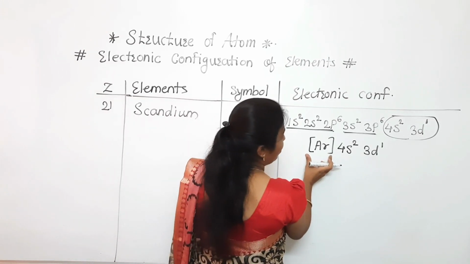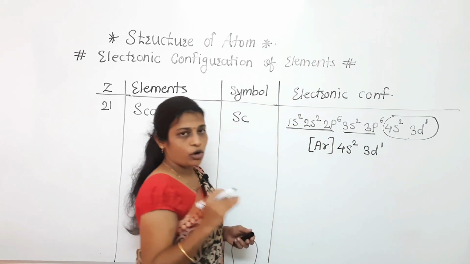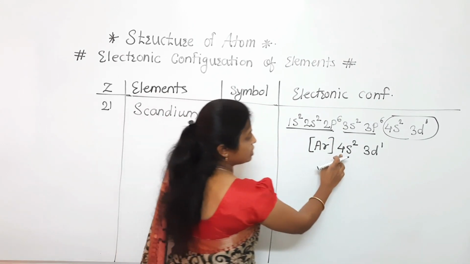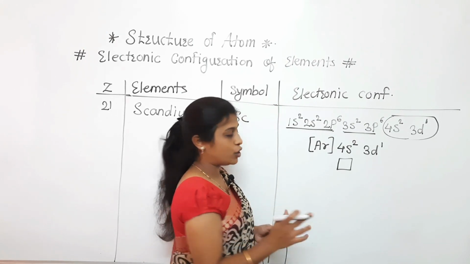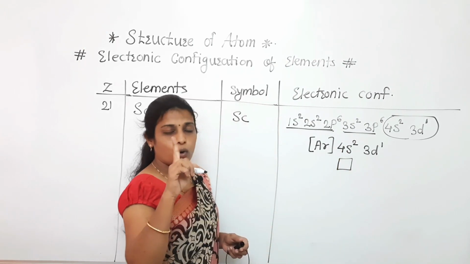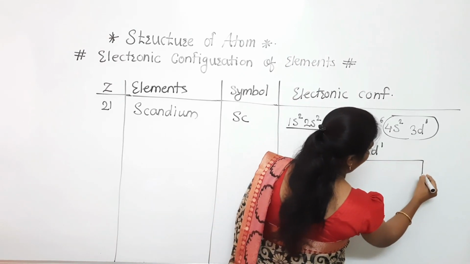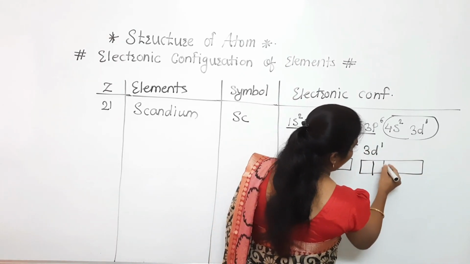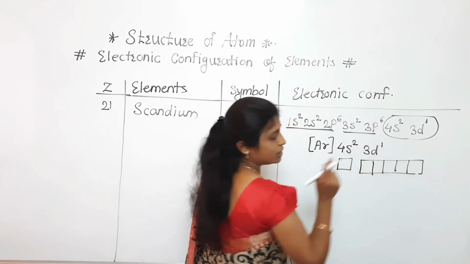Now see, up to argon we can observe that each and every electron is paired. But for 4s we have to draw only one box, because the s subshell has only one orbital. For the d subshell there are 5 orbitals, so we draw 5 boxes. How many electrons are there in 3d?